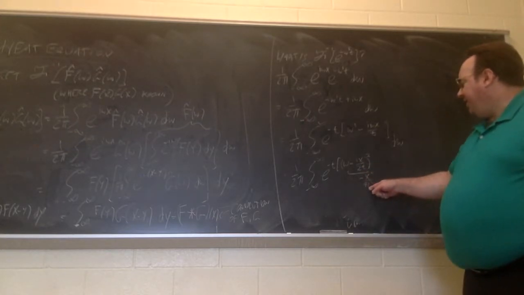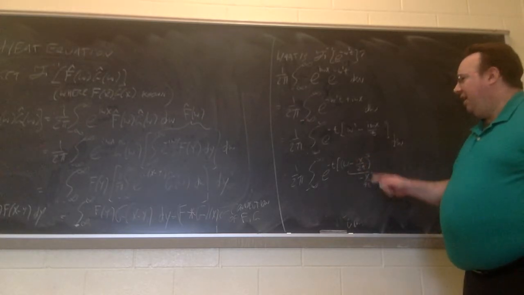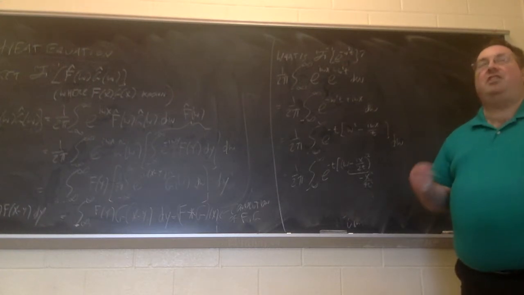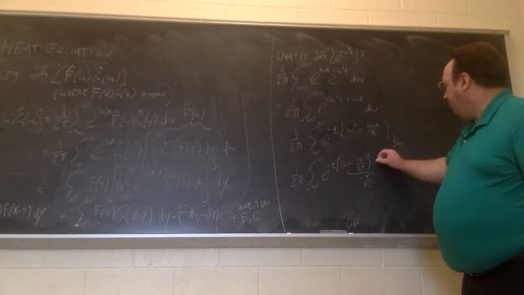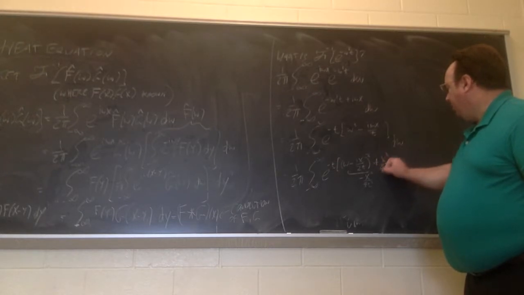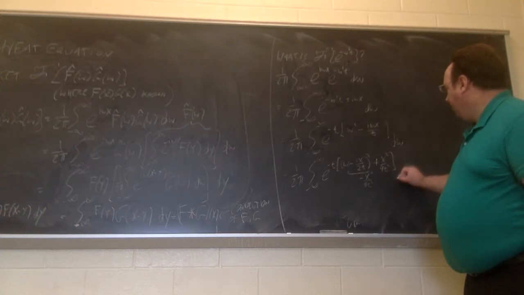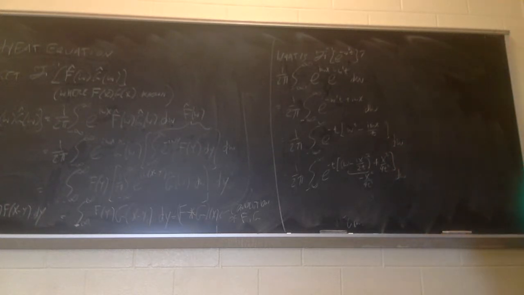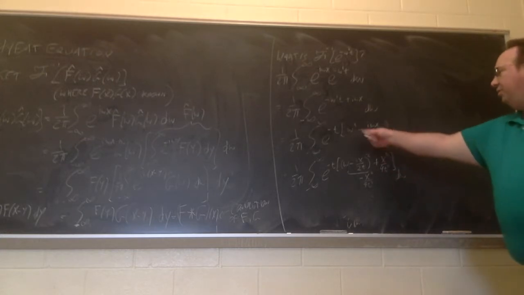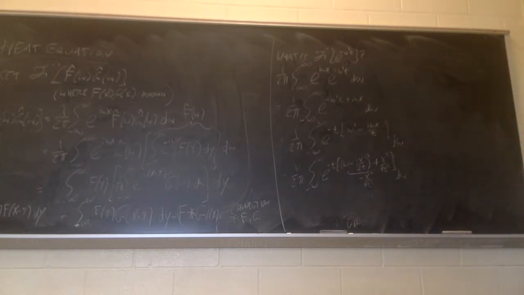So whatever I have here, when I square this term, I have to subtract it off. So that means I need to put plus x squared over 4t squared, and that's still in these square brackets. All right, so that is the square completed form of what I have in here. Pretty ugly.